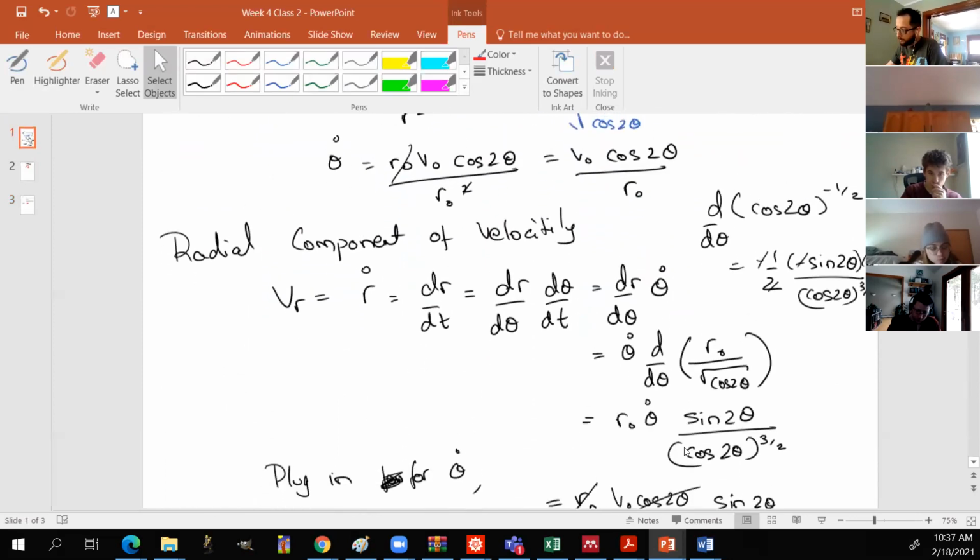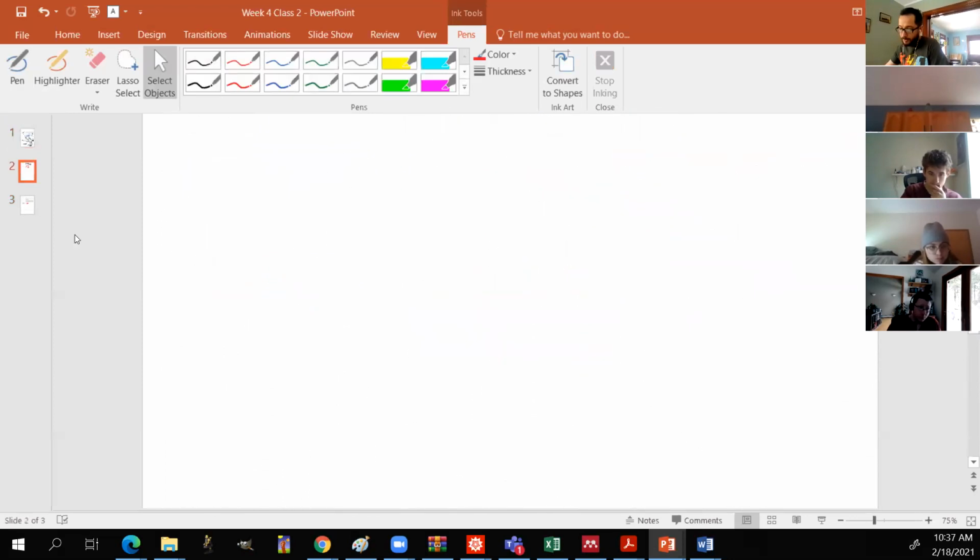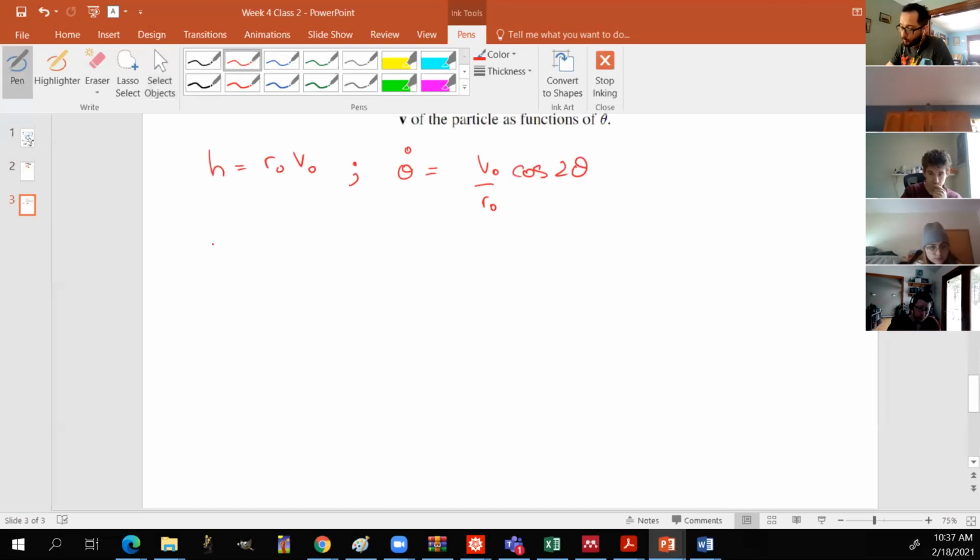So we'd also found the term for R dot. R dot was equal to V naught times sine 2 theta divided by square root of cosine 2 theta.